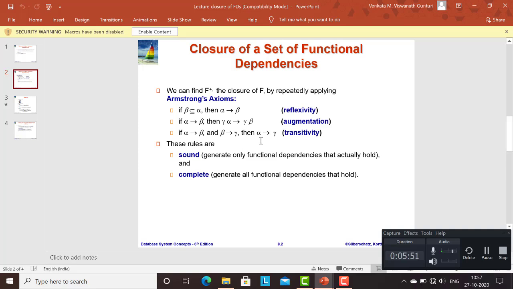And the third one is transitivity: if alpha implies beta and beta implies gamma, then alpha implies gamma, right? And this is the property that I was saying, that just using these three, you can determine all the FDs which are logically implied by your given set F.